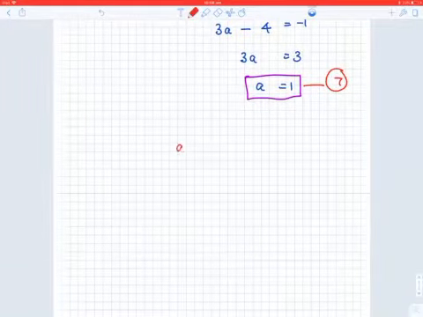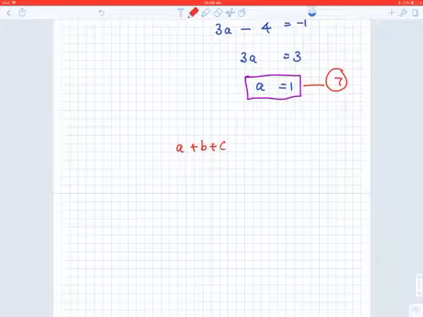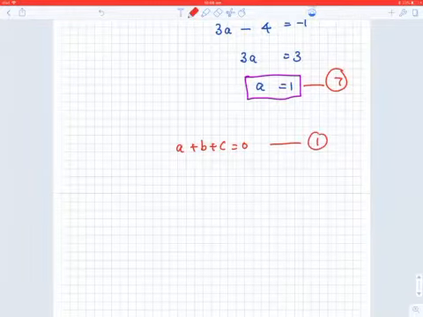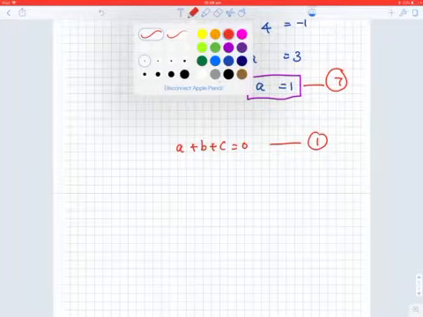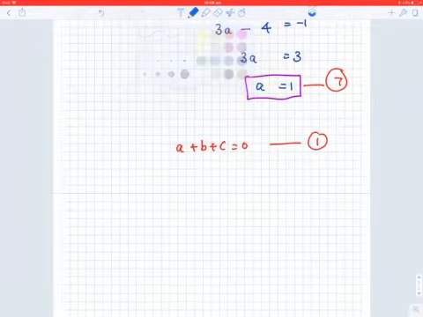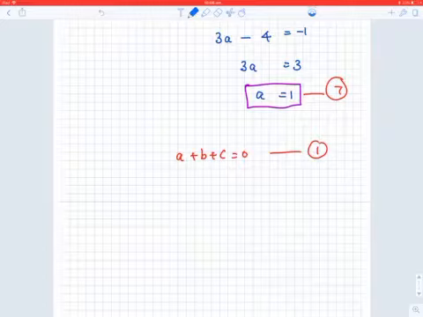Now we have A and B. Now we have to find C. I think the first equation is the easiest to substitute into. Equation 1 is A plus B plus C equal to 0.